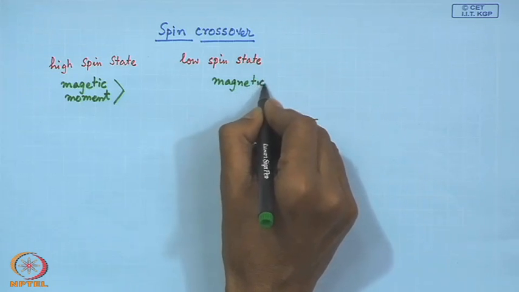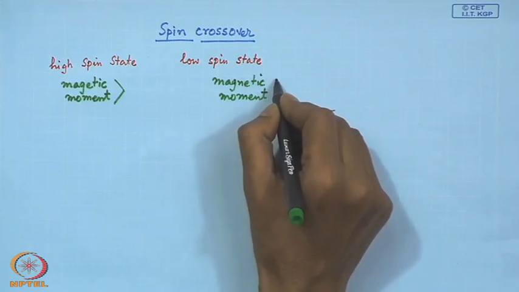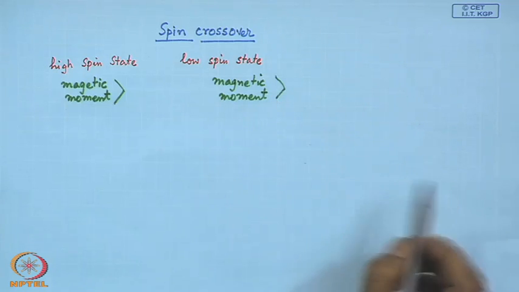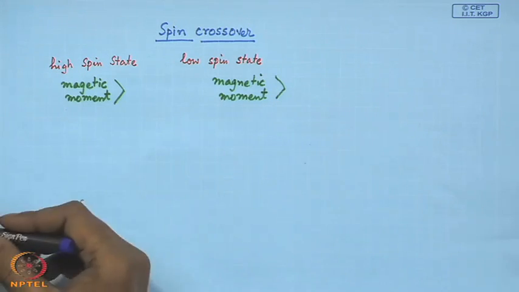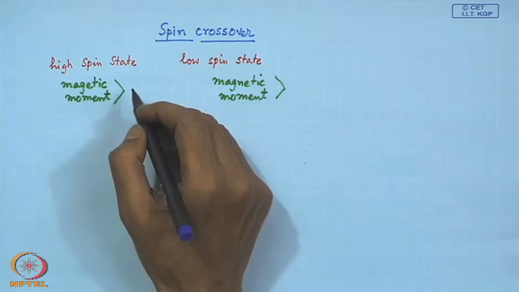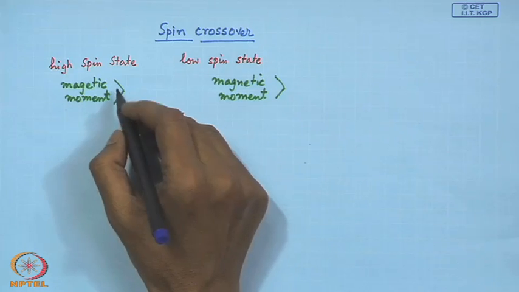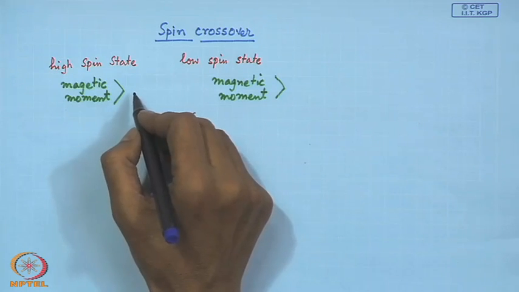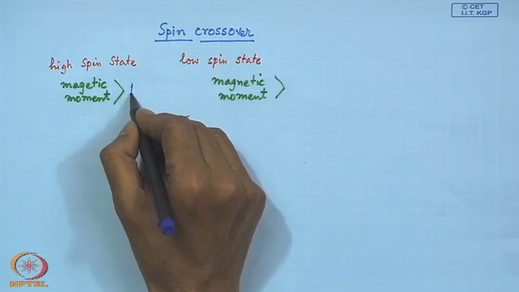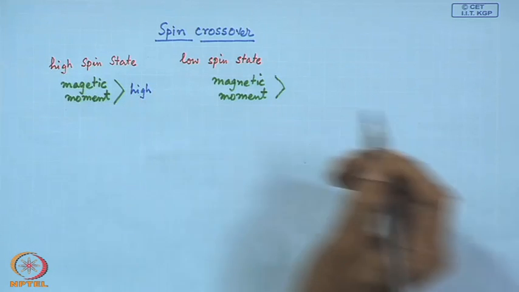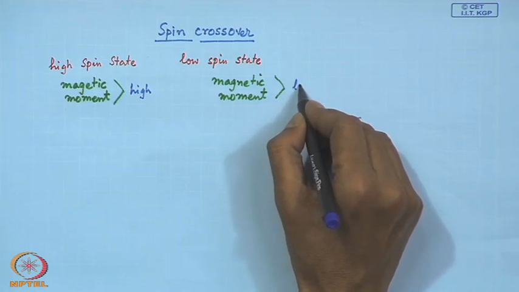Here also we can compare the magnetic moment with that of the high spin molecules. So, high spin states are characterized mostly by a large number of free spins. So, the magnetic moment we can determine experimentally would be high, and in case of low spin state this would be low.